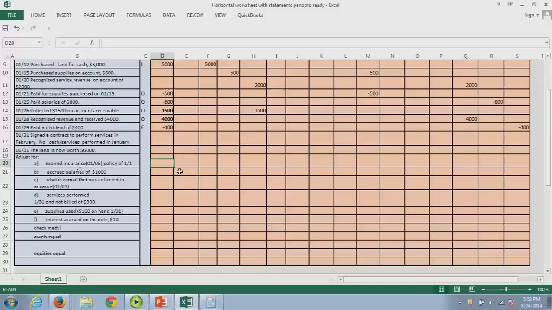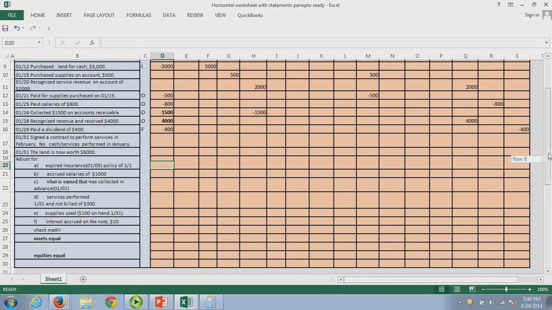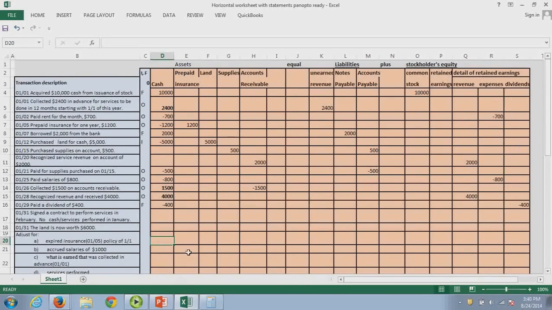Assets used up always become expenses. So if we find the prepaid insurance, we figured out $100. So we no longer have the benefit. We've already received the benefit for 1 month. So minus 100 on the asset side, and we would have insurance expense under retained earnings. So minus 100 under retained earnings.